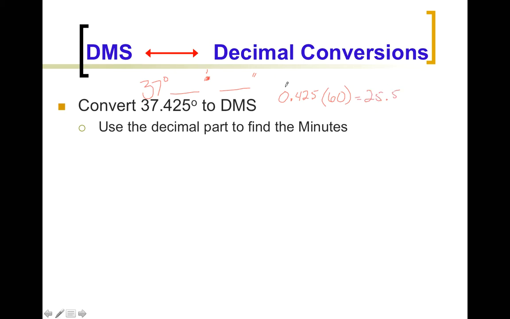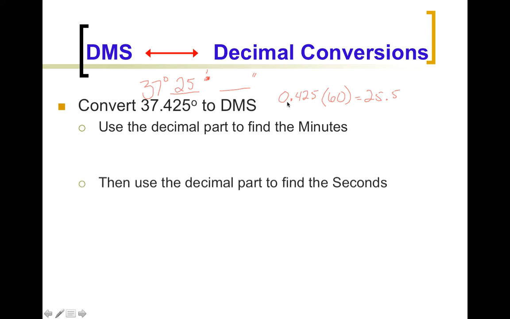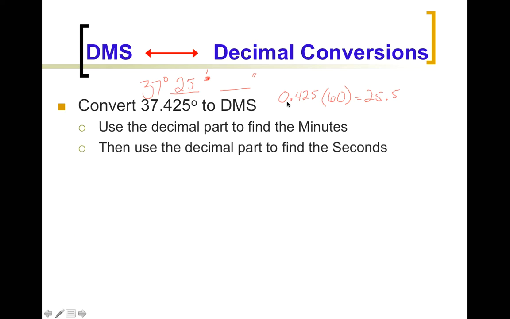That means I have 25 full minutes. And then I have a decimal part in my minutes, which I can use to calculate the number of seconds. So I'm going to take 0.5 and multiply by 60, because there are 60 seconds in 1 minute. And since we're looking at half a minute, it's going to be 30.